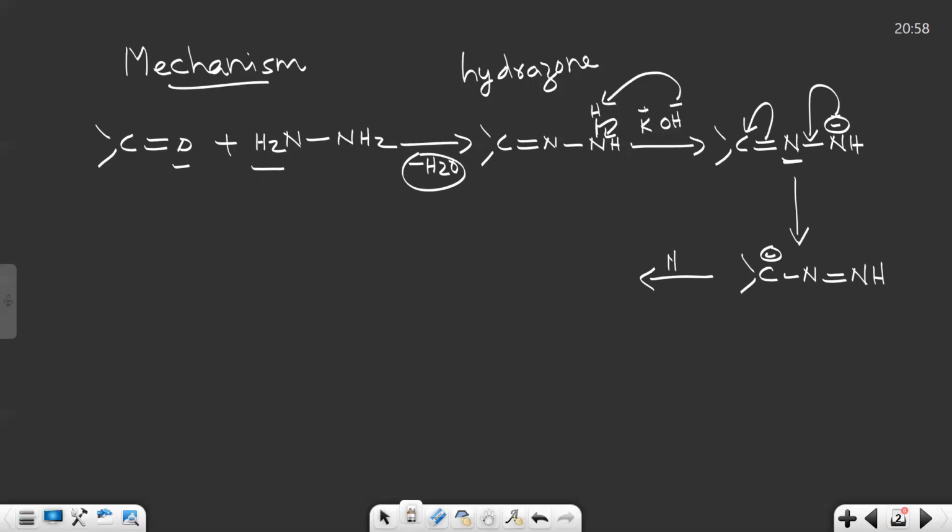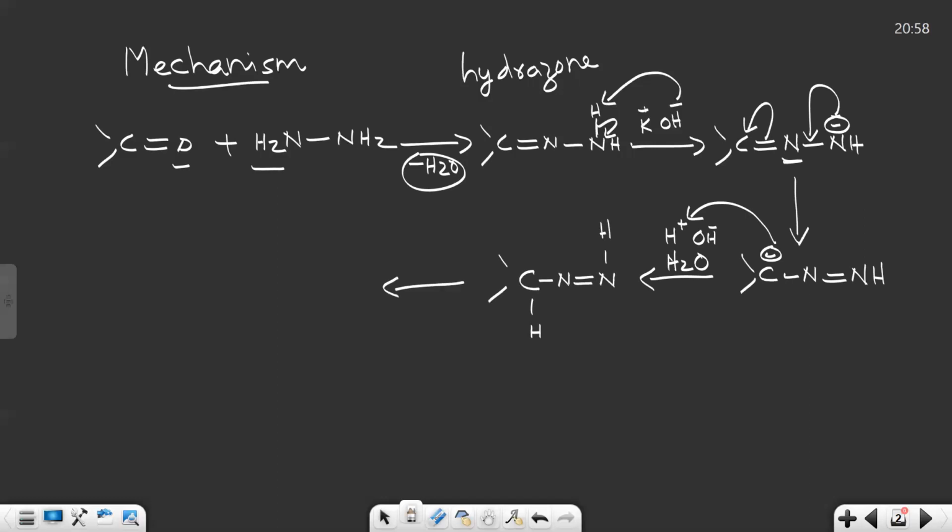So that water molecule reacts here. H2O ionizes to form H+ and OH-, and this negative charge acts on this H+, and this hydrogen gets attached to this carbon. Then single bond nitrogen, double bond NH.